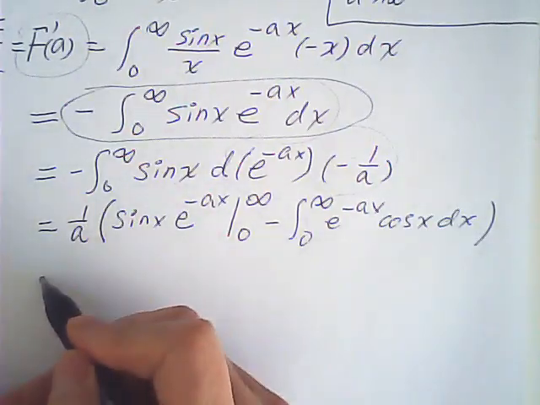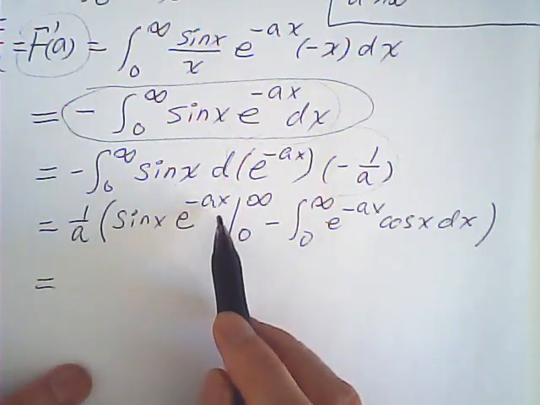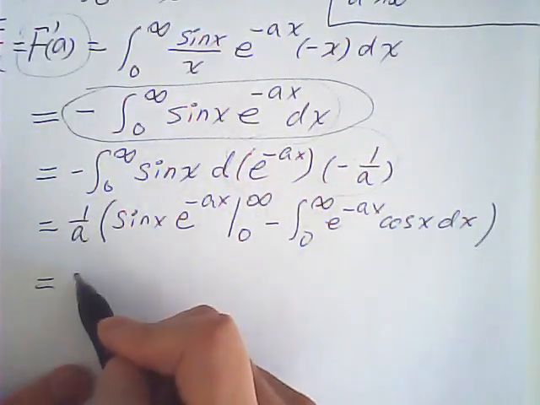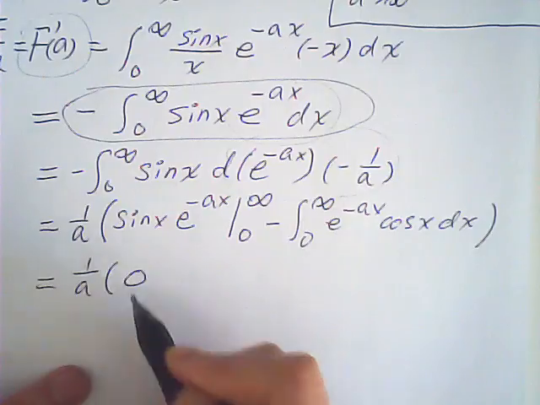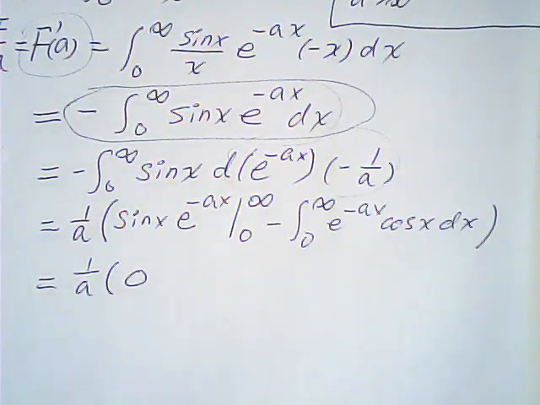When x is infinity, this will be 0. When x equals 0, this is 0. So the whole thing is 0, right?